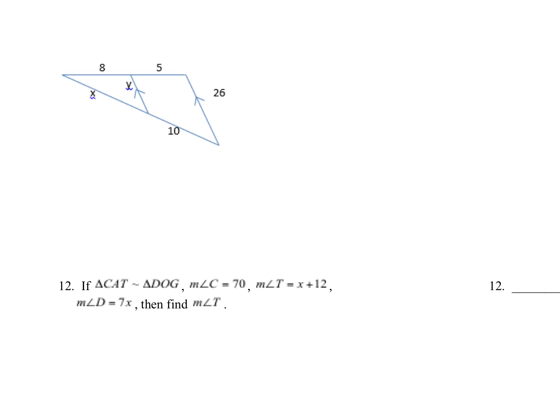So we're going to still treat it the same way. This over this and this over this. We're not going to crisscross, so we're not going to go X over 5. That's not allowed. So I'm going to go X over 8 and 10 over 5. So 5X equals 80 and X equals 16.